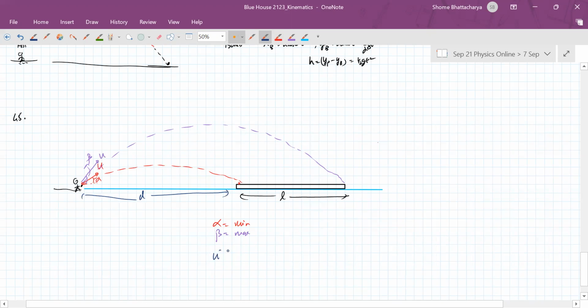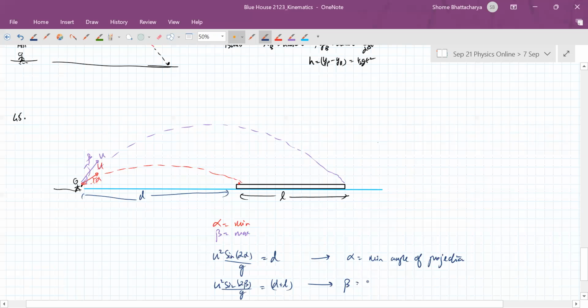So take u square sine 2 alpha by g to be equal to d. So we'll get alpha as the minimum angle. And take u square sine 2 beta divided by g as d plus the length of the boat. You get beta as the maximum angle. So to solve this, just take the values now, you will get the answers.